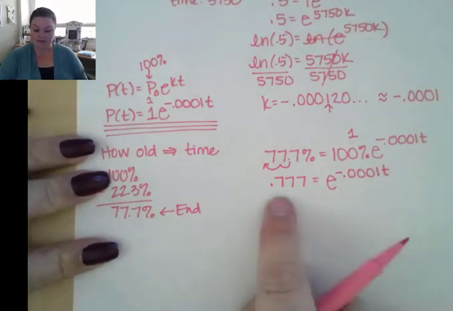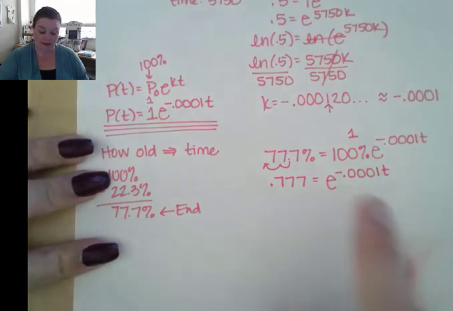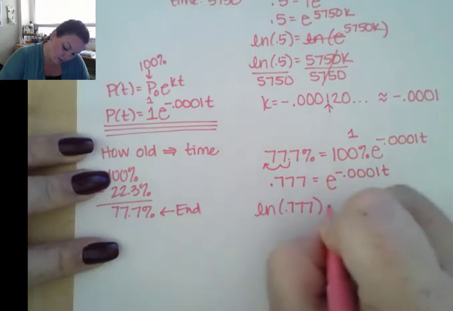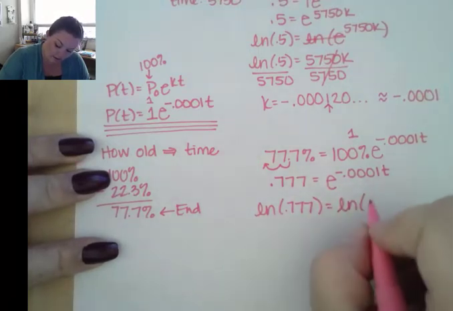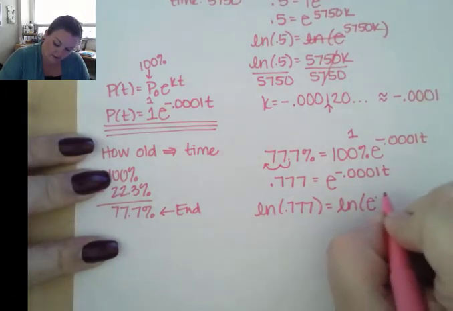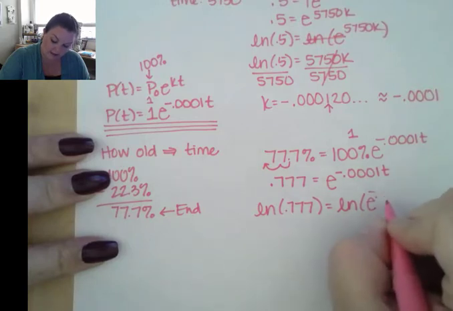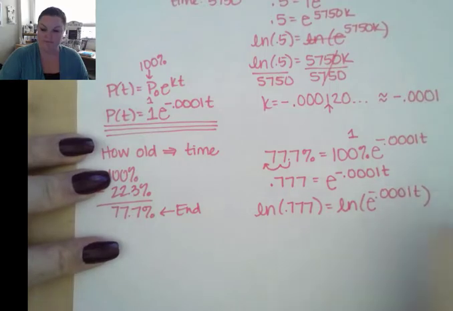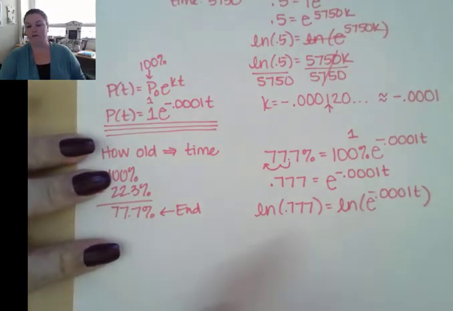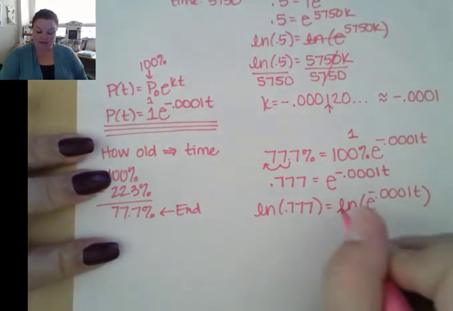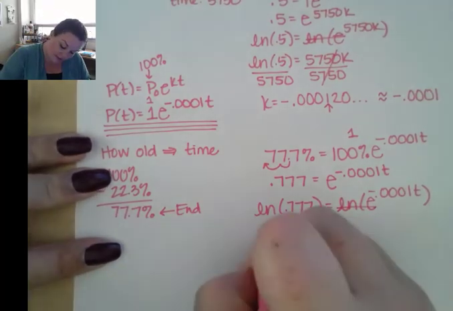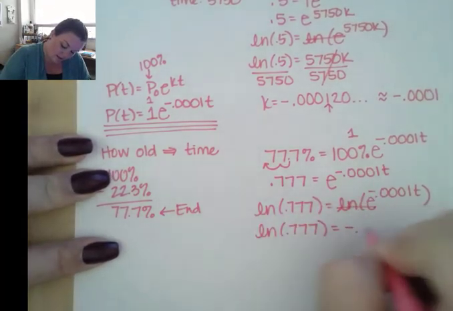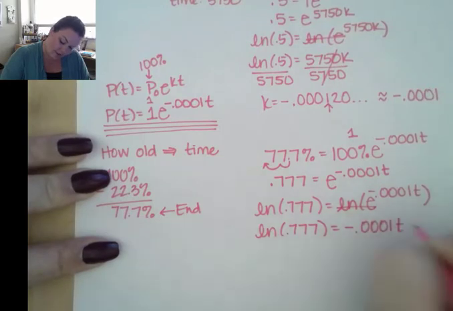And now I should be able to solve this because I can get rid of the e by taking the ln of both sides. So ln of 0.777 is equal to ln of e to the negative 0.0001t. And my ln and my e cancel. So that leaves me with ln of 0.777 is equal to negative 0.0001t.